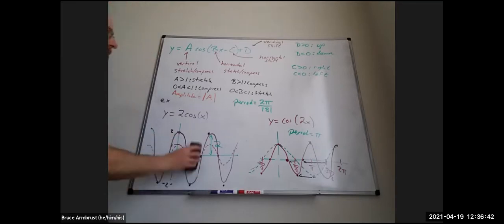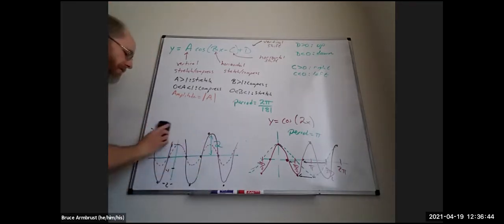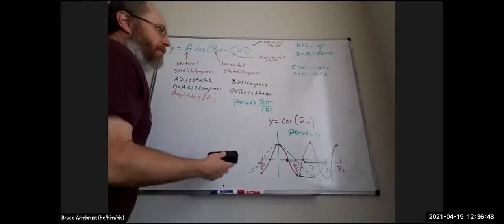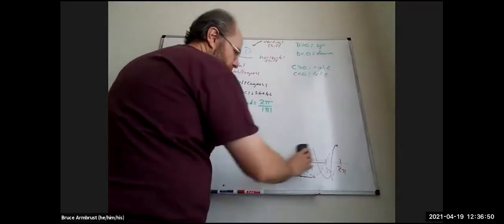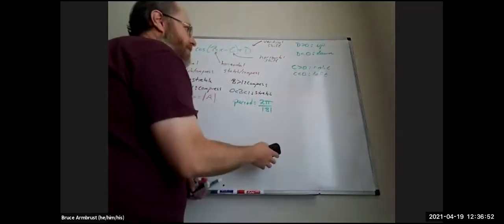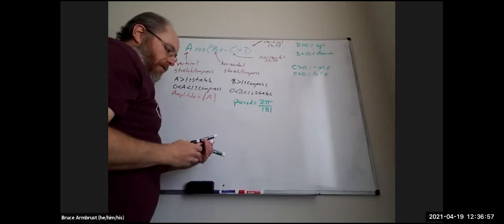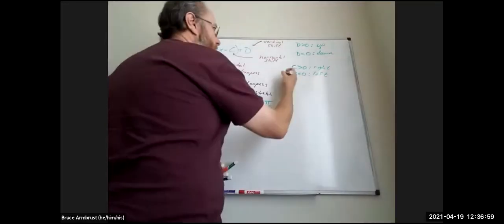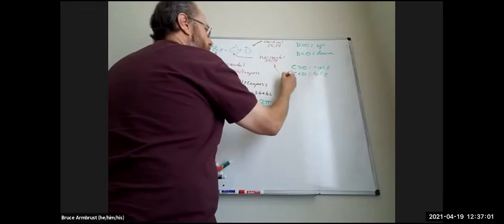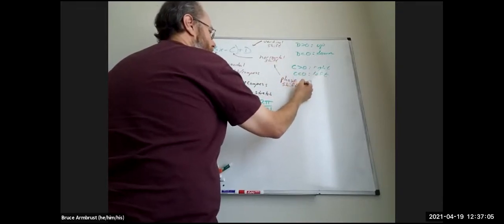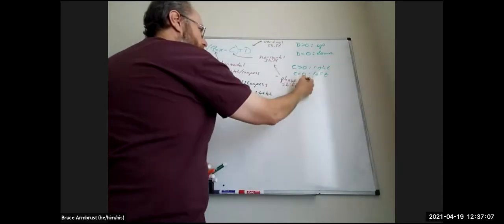But I will tell you that when we have a horizontal shift, when it comes to sine and cosine, we have a special name for it. It's called a phase shift. Okay. So horizontal shifts, we call these guys a phase shift.